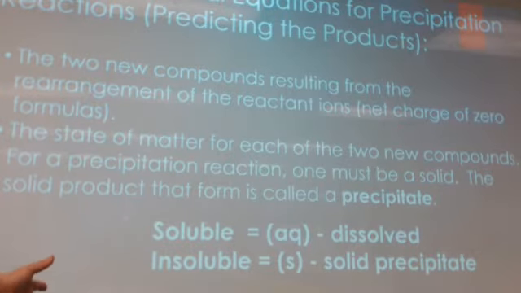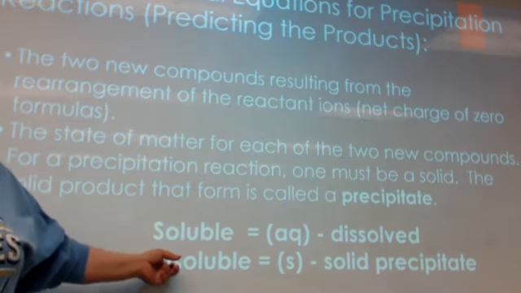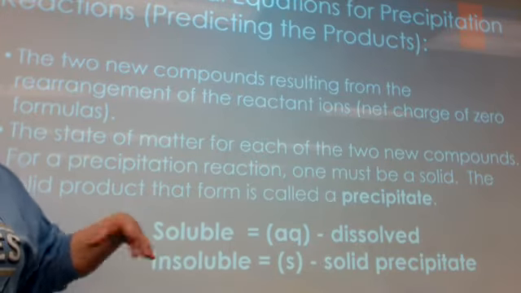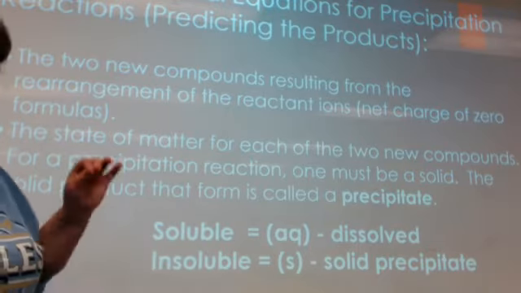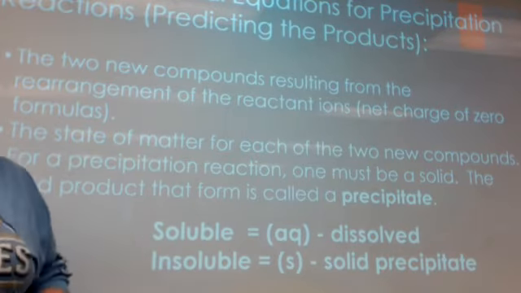This is the only time between now and the end of the chapter that we're going to refer back to states of matter. So you won't need to worry about states of matter again, except for double replacement reactions.